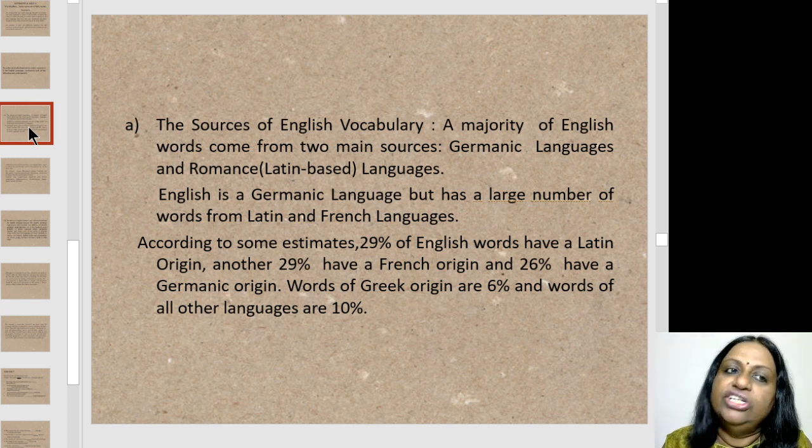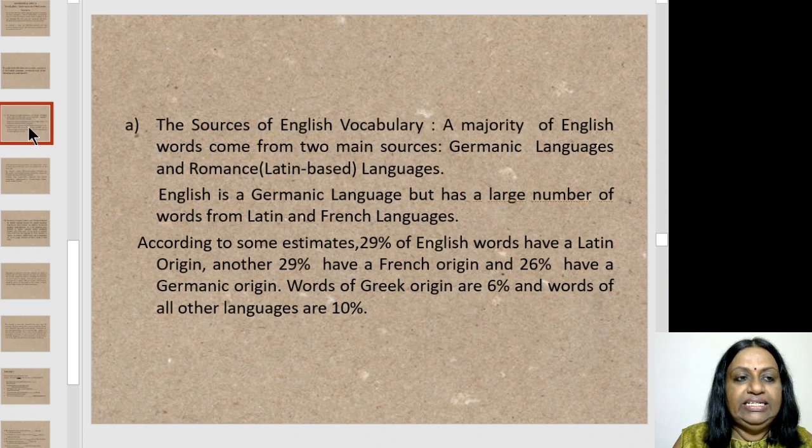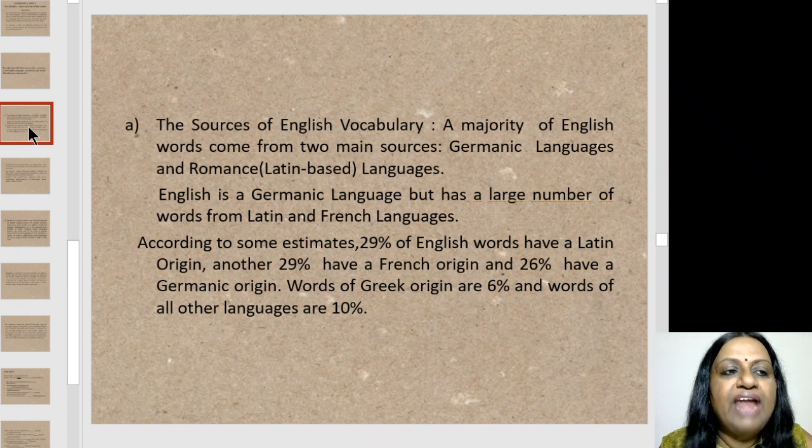English is a Germanic language and it has a large number of words from Latin and French too. According to some estimates, 29% of English words have Latin origin. Another 29% have French origin. 26% of the words in English are of Germanic origin.